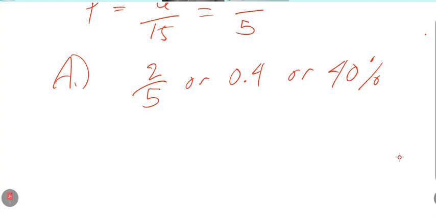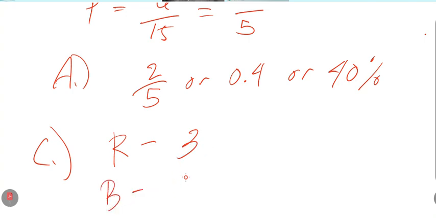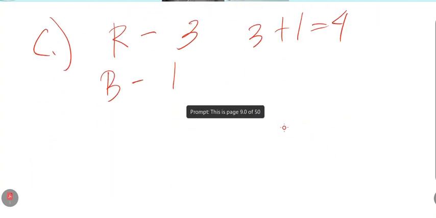Now for C, for the red balls we have 3 outcomes. For the blue, since we only have two of them, there's only one outcome. So 3 plus 1 equals 4, and that's the favorable outcome.